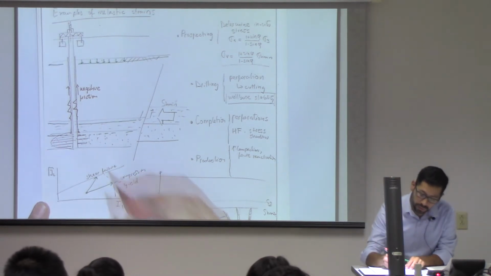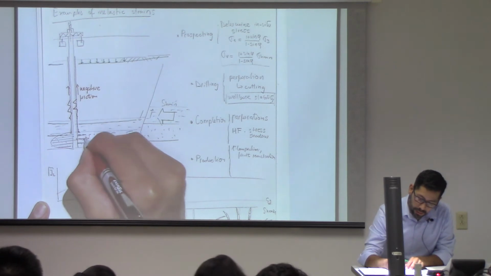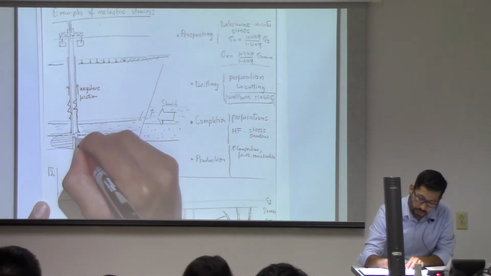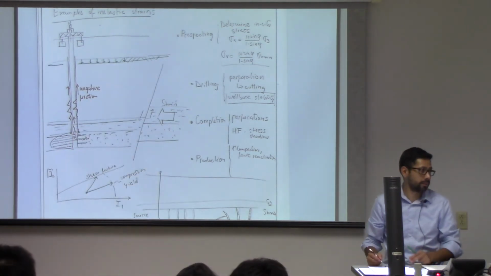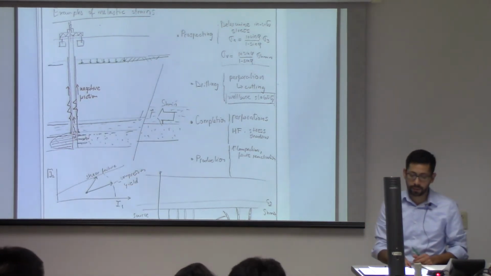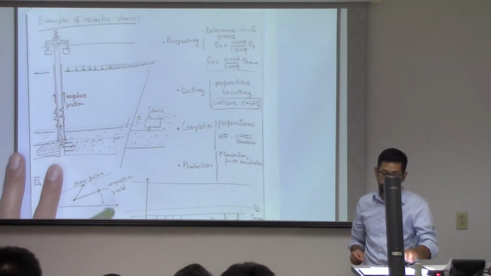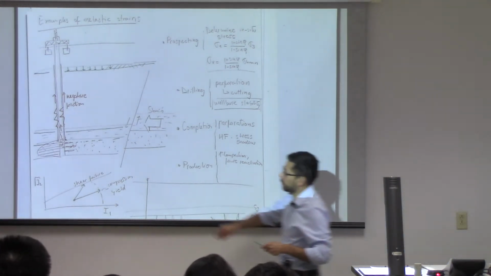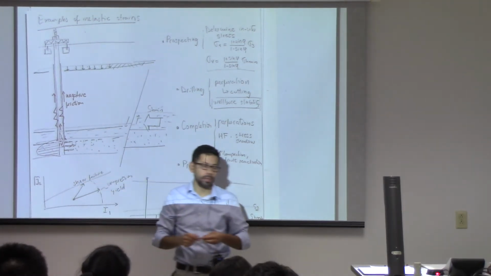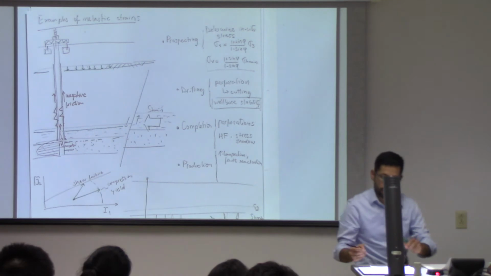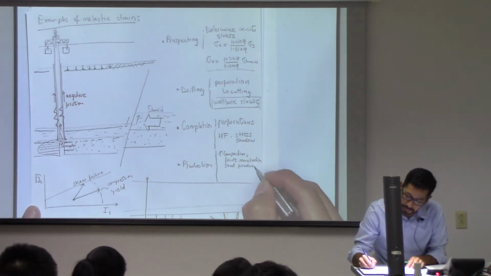As they move, they mix with water and oil, and they flow up the production tubing. And as they do that, you could imagine that you make these perforations larger and you have more and more compaction. That's a phenomenon called sand production.